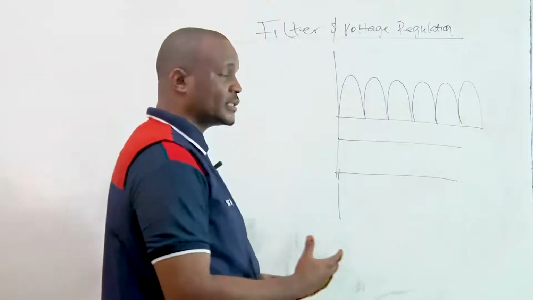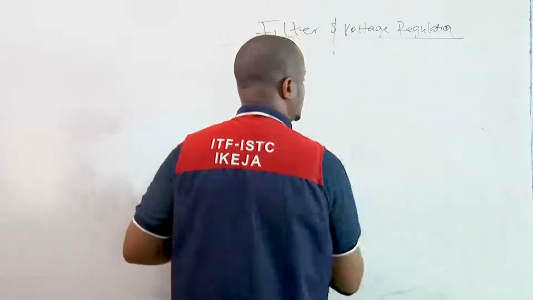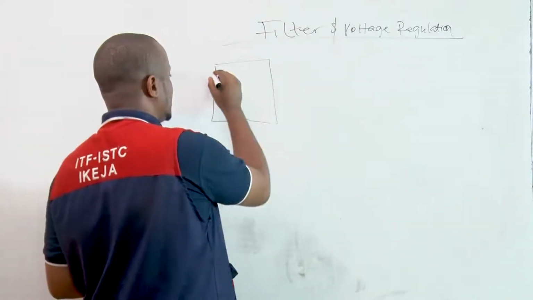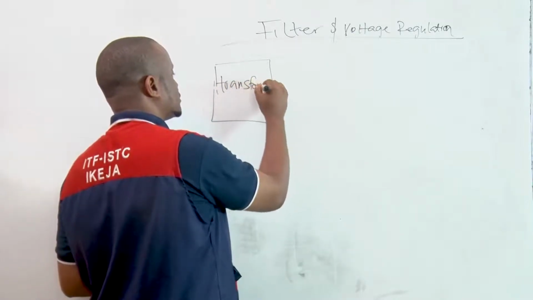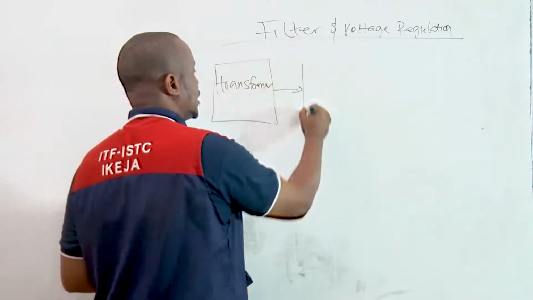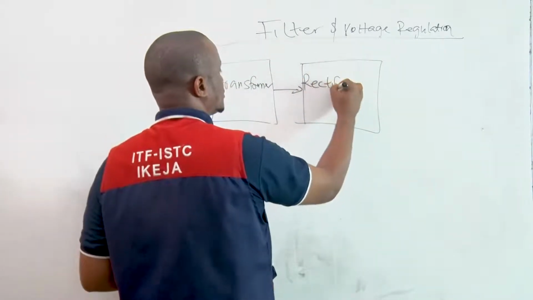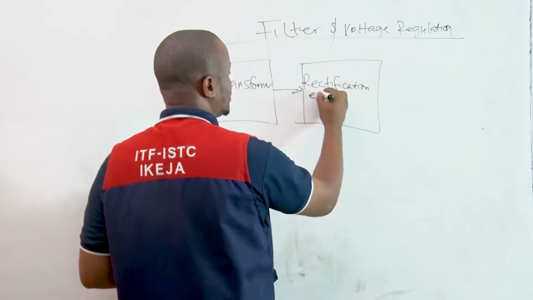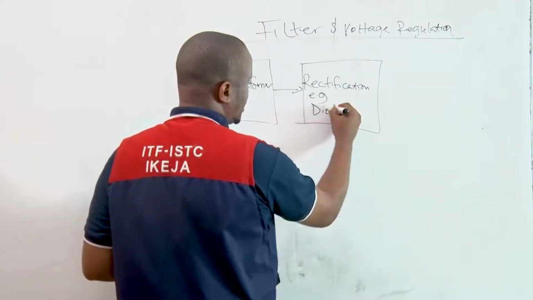So in the quest for converting AC into DC, we have gone through the transformer stage. Then we have gone to the rectification stage. An example of an electronic device that does rectification is the diode.